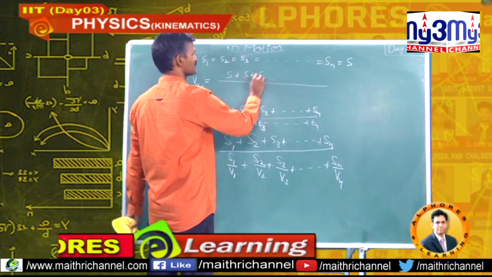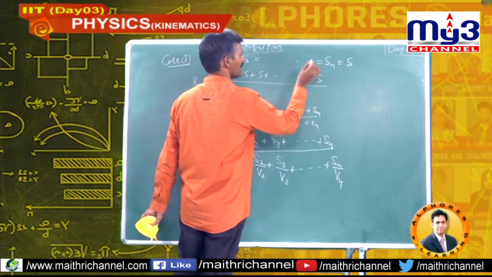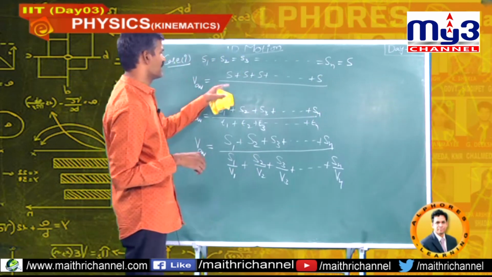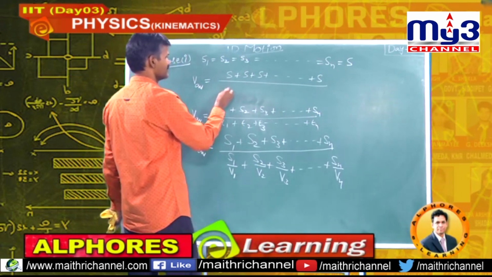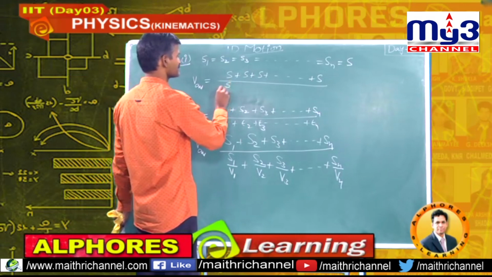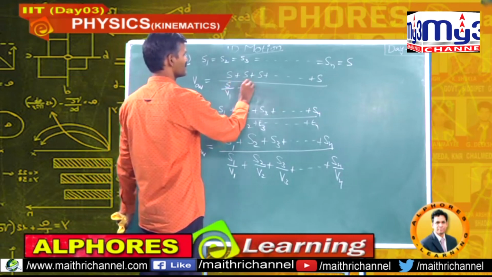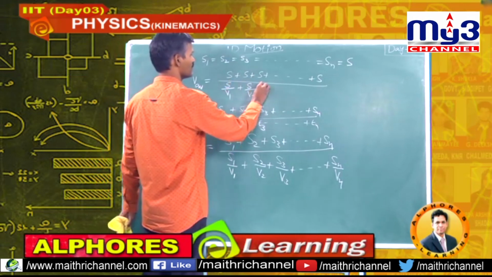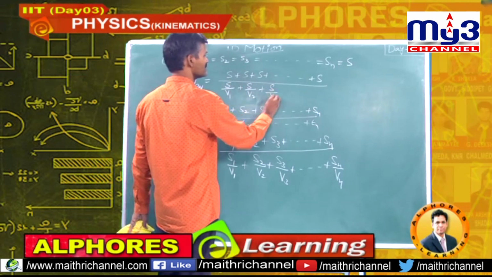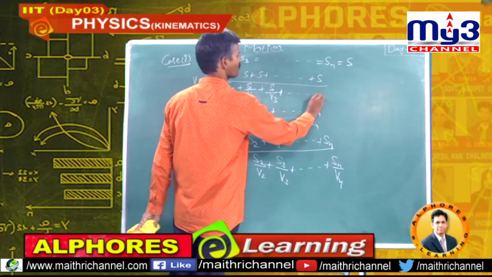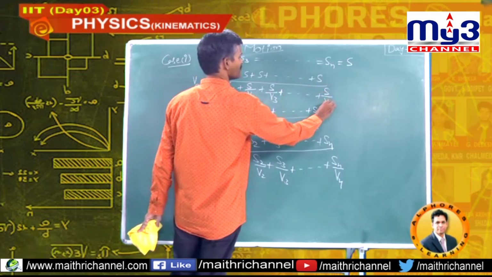S plus S plus and so on plus S, by the total time taken. This is S by V1 plus S by V2 plus S by V3 plus and so on plus S by Vn.